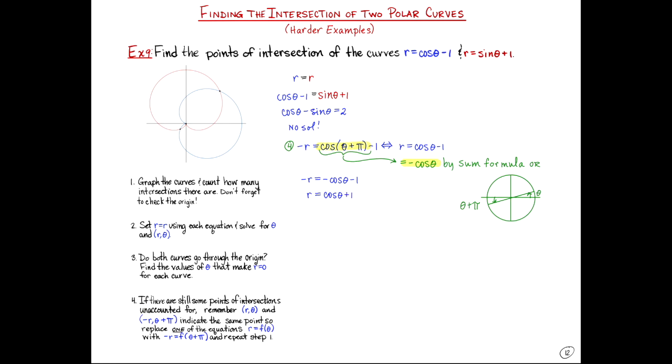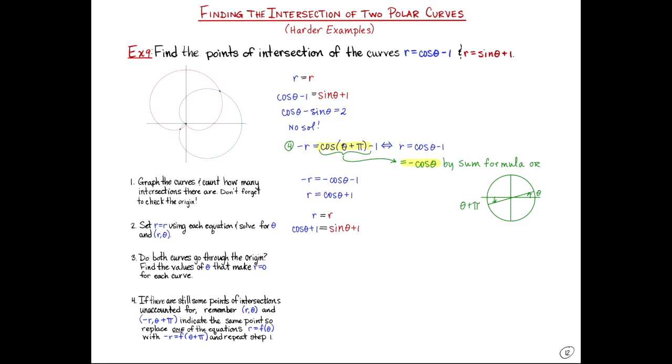Using this equation, let's try setting r equal to r and see if we can find any intersection points this way. On the left-hand side, we have cosine theta plus 1 equal to sine theta plus 1.